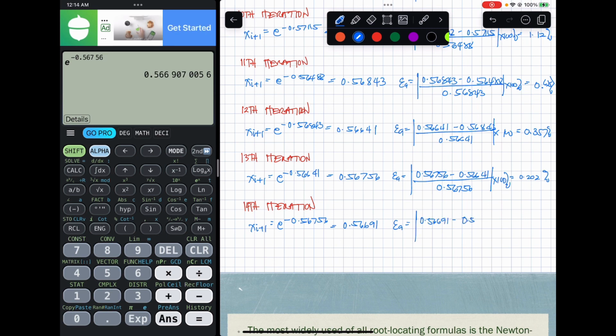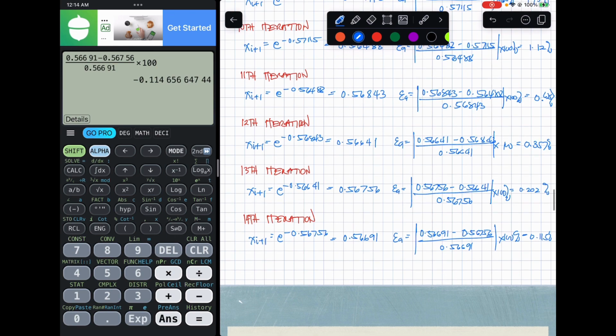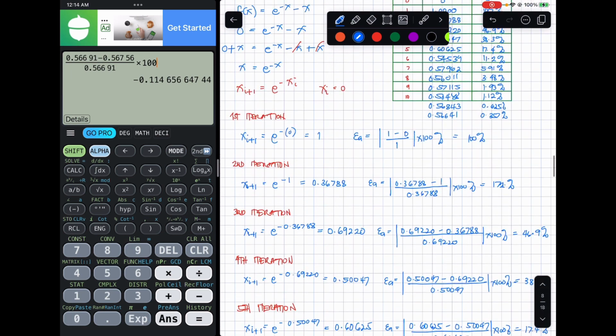Then 0.56691 minus 0.56756, over 0.56691, and then times 100, and that gives us 0.115%.